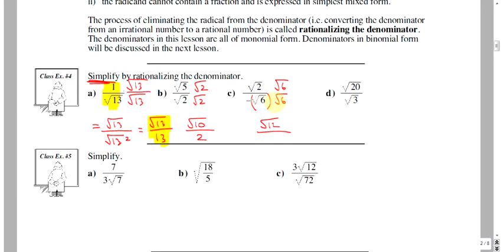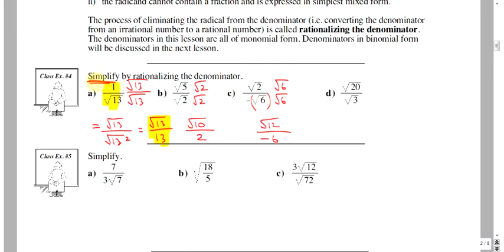What's root 6 times root 6? 6. And we have a minus. Okay, that's it. If you multiplied it by minus root 6, you'd get the same thing. Doesn't matter. You just end up with a minus on the top, but that's the same thing.